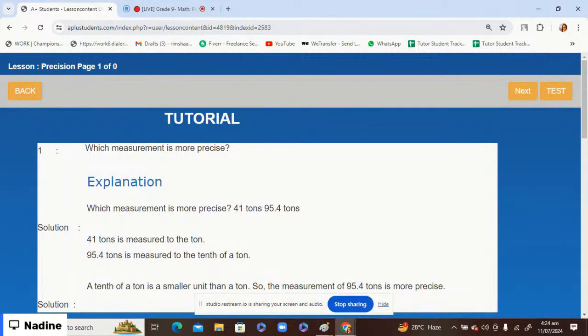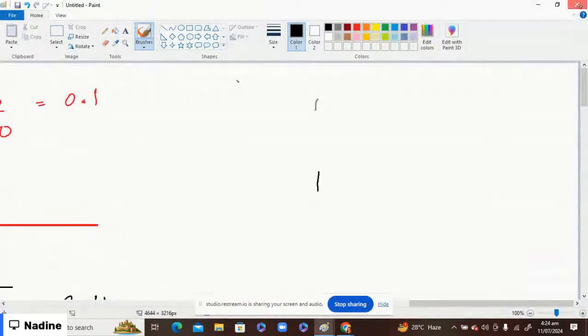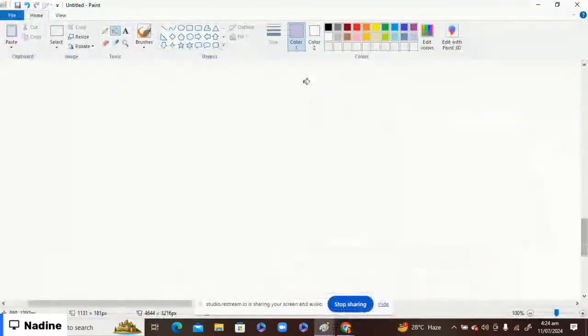So 41 tons, 95.4 tons. 41 tons is measured to the ton, but 95.4 tons is measured to the tenth of a ton. For example, in 95.4, this 4 is in the tenth place.